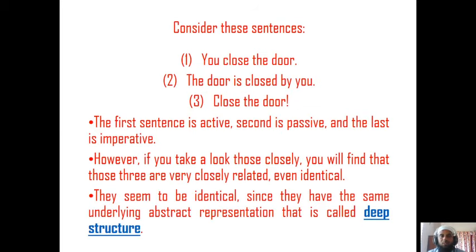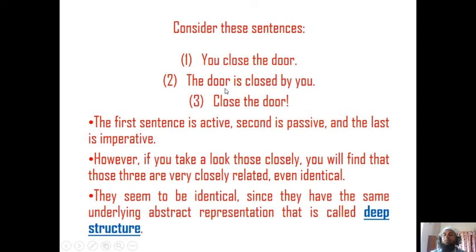Consider these sentences. You close the door: the structure is subject, then verb, and then object. But when you say the door is closed by you, you have the door at the beginning, but it is not the doer of the action. But how do you understand the meaning of sentence number 2?